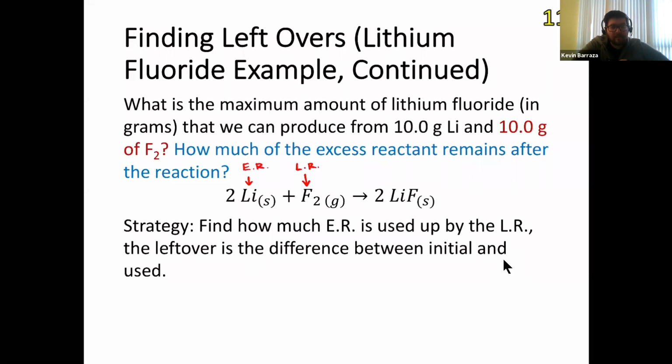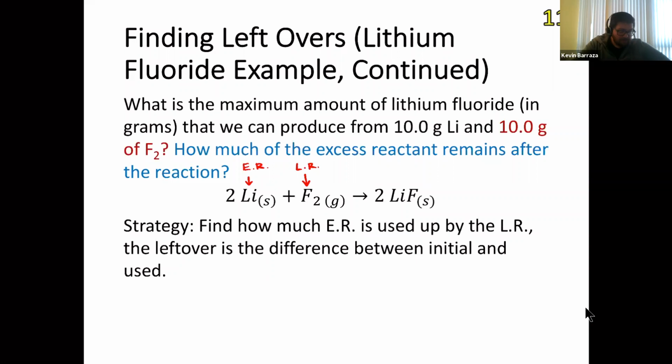So that means the lithium is the excess reactant. So how do we figure out what's left over? The strategy is to find out how much of the excess reactant is used up by the limiting reactant. And the leftover is the difference between the initial amount and the amount that was used.